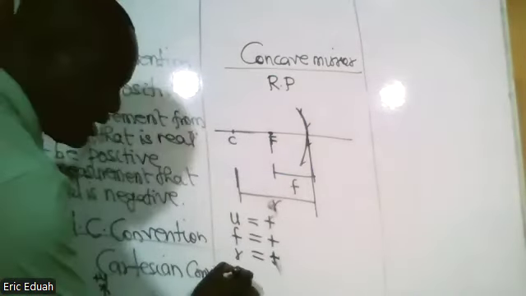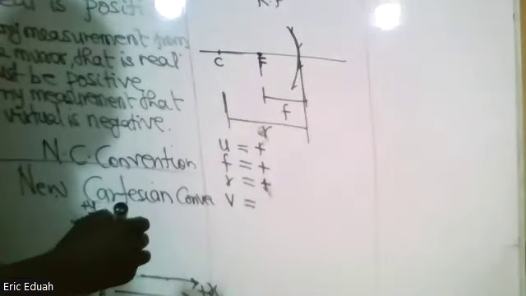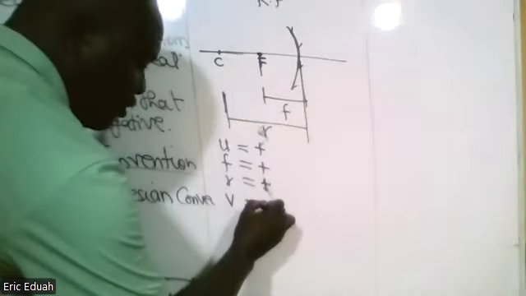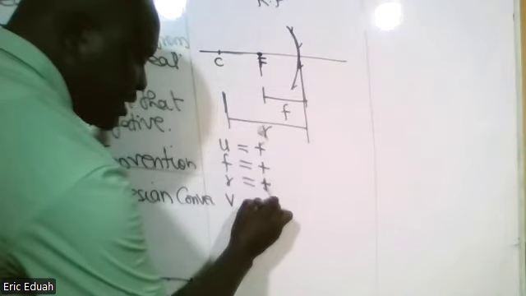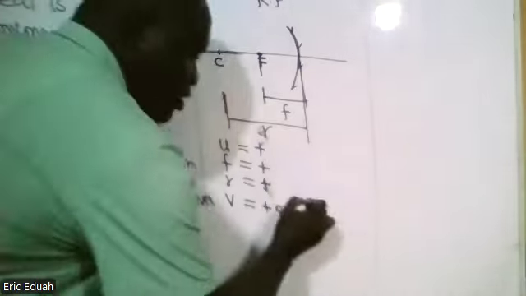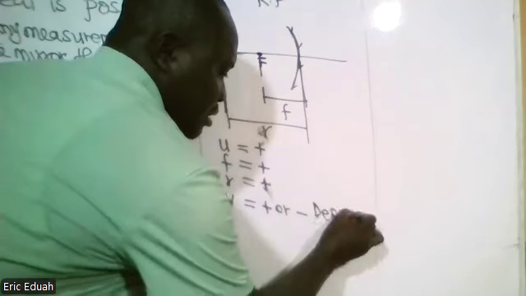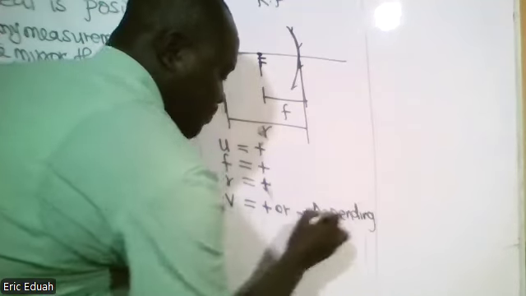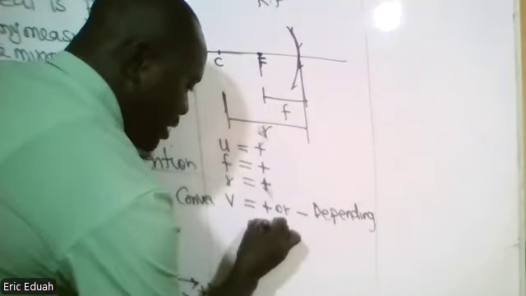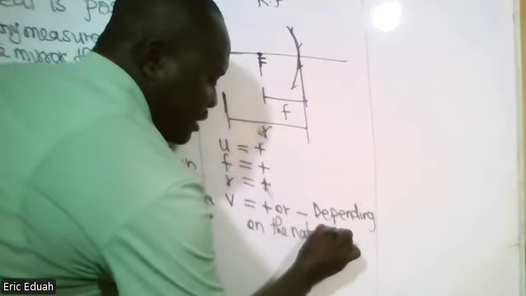For image distance V, it can be positive or negative depending on the nature of the image formed.